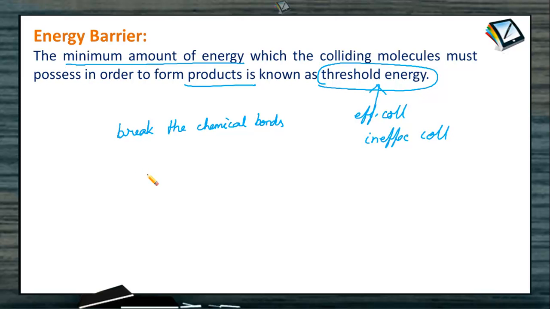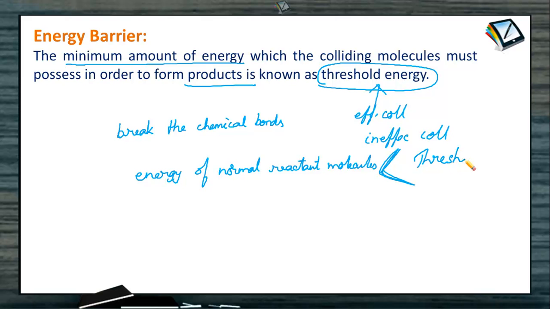But under the given experimental conditions, the energy of the normal reactant molecules is always less than the threshold energy. And threshold energy we can simply represent as ET. So under the normal conditions of temperature and pressure, the energy of the normal reactant molecules is always less than the threshold energy.